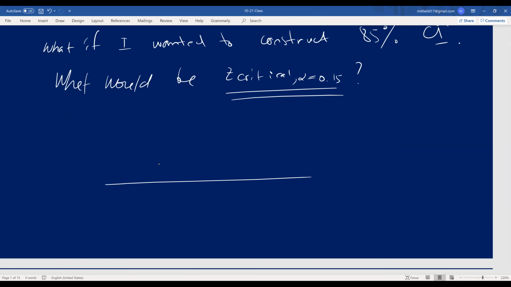So when you have this standard normal distribution, this is Z critical at 0.15. Then what is this area? Can you tell me? And then this will be minus Z critical at 0.15. So what will be this area? 0.15, sorry, divided by 2, because it's a two-sided test.